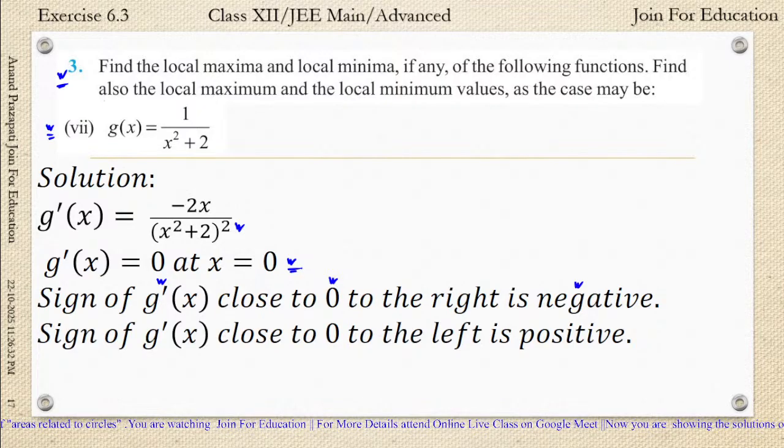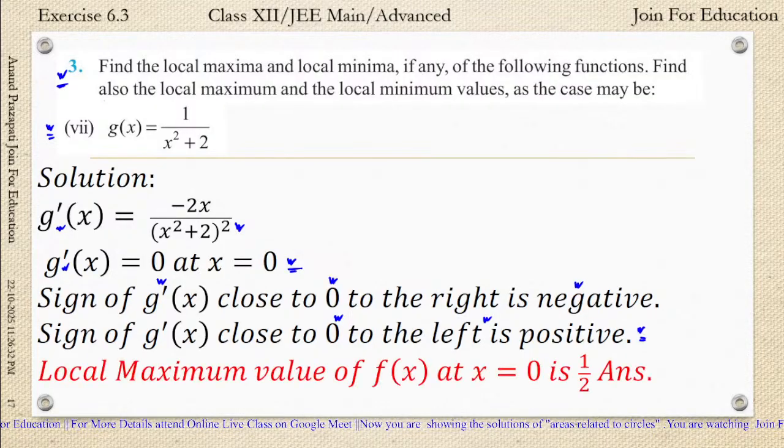Sign of g dash x close to 0 to the left is positive. Sign of g dash x changes from negative to positive. Therefore, local maximum value of g x at x equal to 0 is 1 by 2.